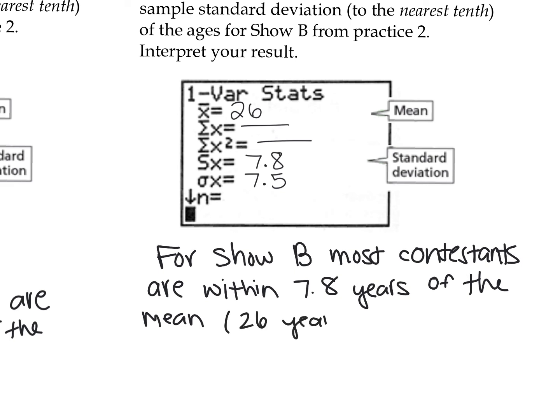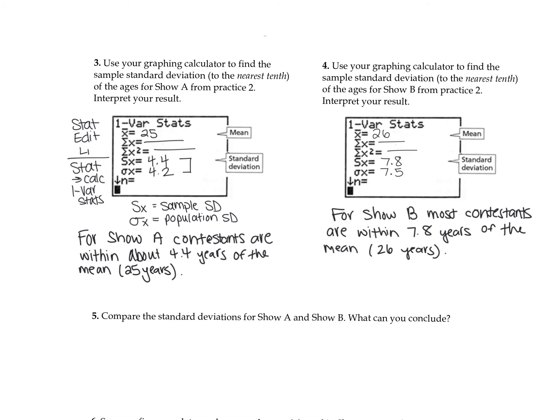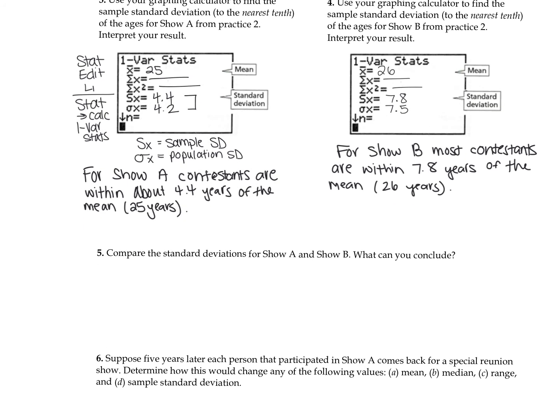And again, it's most of the data, not necessarily all of the data, just most of the data. So most of the data falls within 7.8 years, plus or minus, from 26 years old. Again, notice that we said show B had greater variability, and show B is the one that had the larger standard deviation.